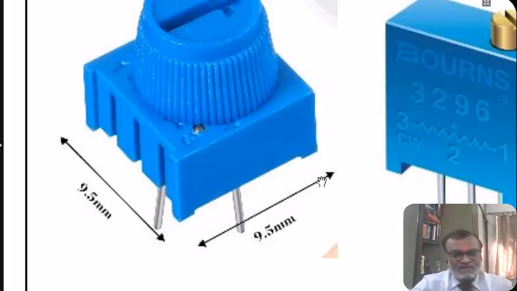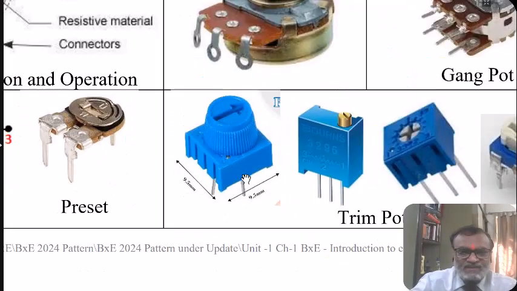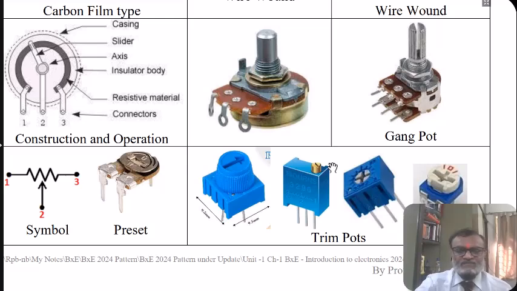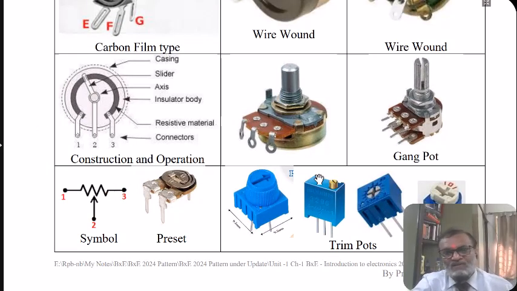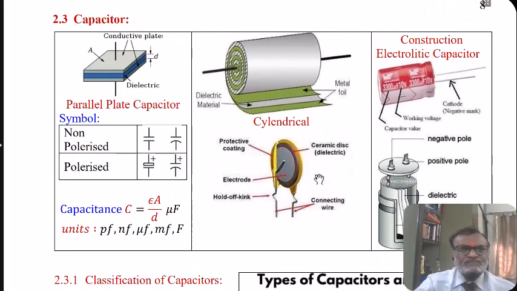Just 1 centimeter by 1 centimeter trim pot is available, or even smaller than that, and they normally have a screw arrangement to change the resistance. They are normally developed for calibration type of applications where the adjustment is not required frequently.